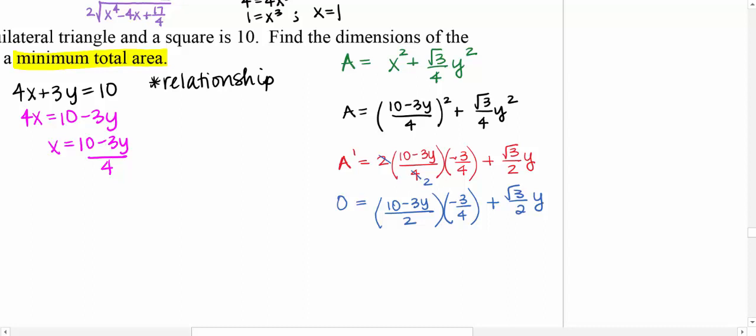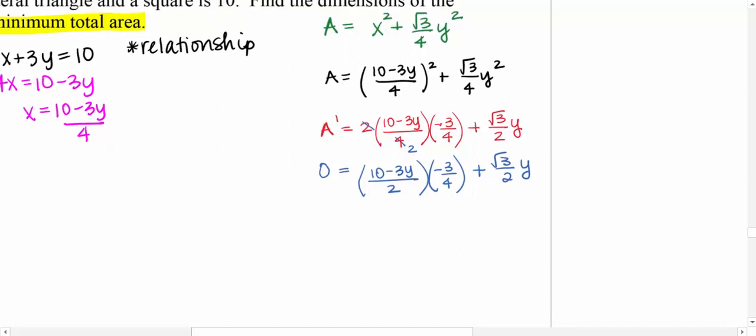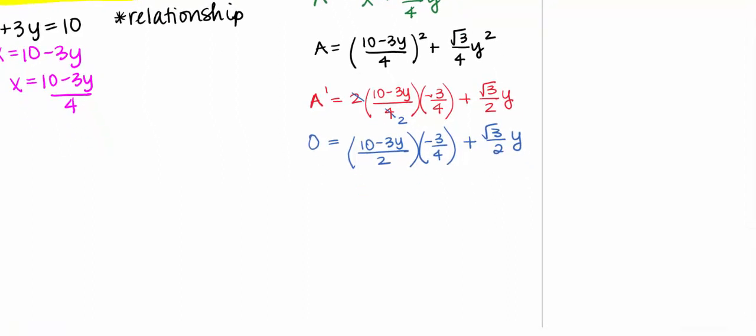Now, if you didn't want to deal with fractions at all, now would be the time to get rid of them. It equals 0, so you could multiply both sides, for example, by 8. I could just multiply by 4 and then see if something reduces. It doesn't look like it's going to. So I'll just multiply everything I see by 8.